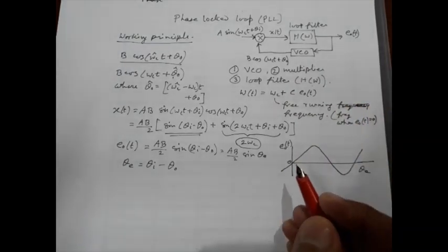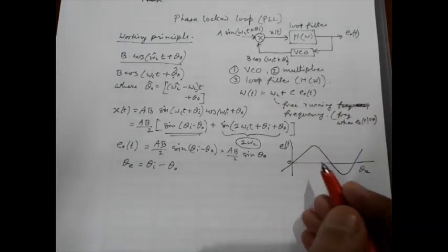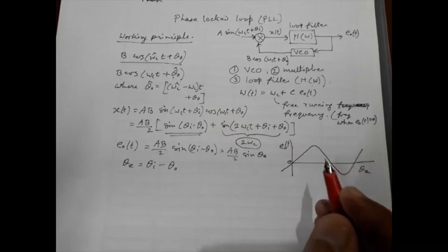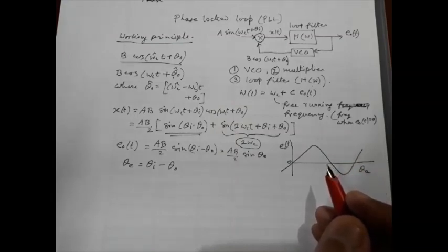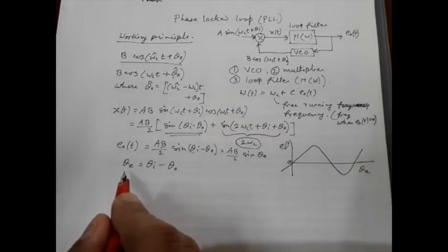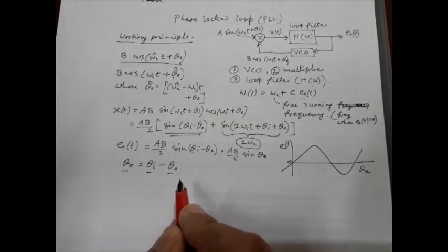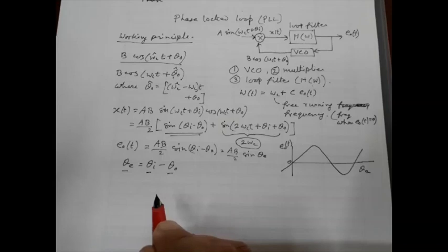So first we will consider that the loop is locked. That means the frequencies of both the input and the output sinusoids are identical. So that means it is in steady state, and these three parameters are actually constant right now.